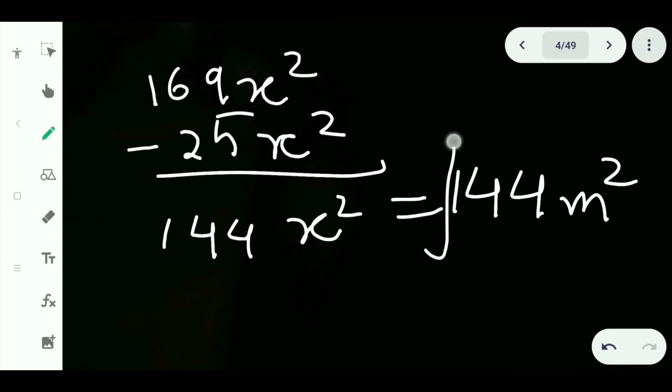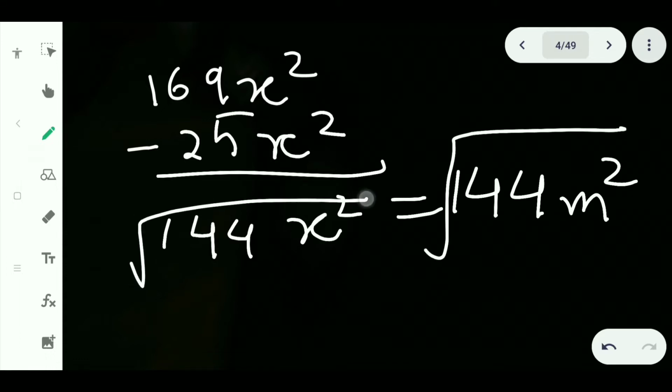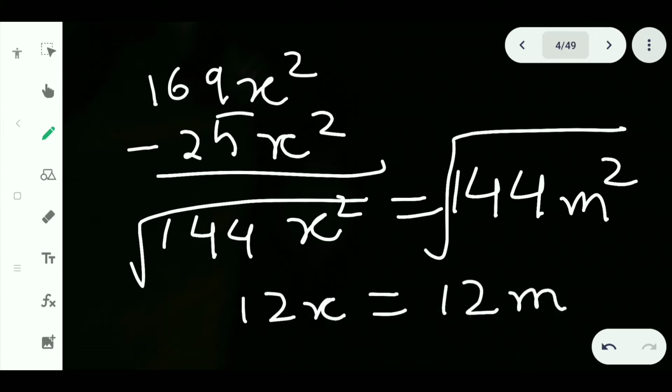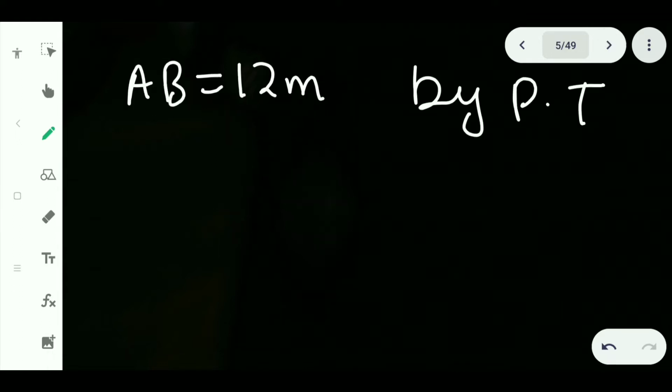So when you do square root on either side, you are getting 12x is equal to 12 meter, x is equal to 12 and 12 gets cancelled, so x is equal to 1. Okay, your x is 1. So now we will be knowing the value of BC.